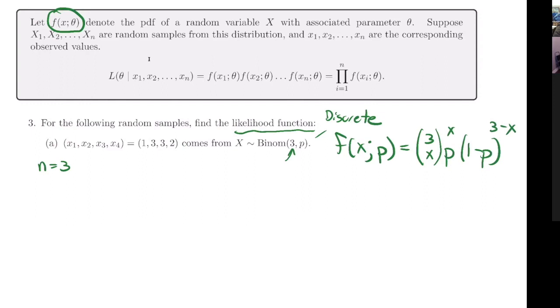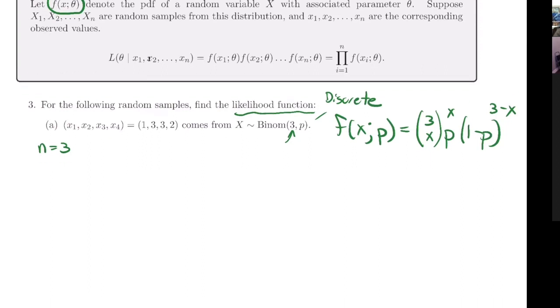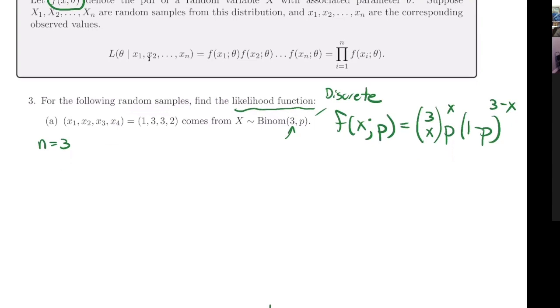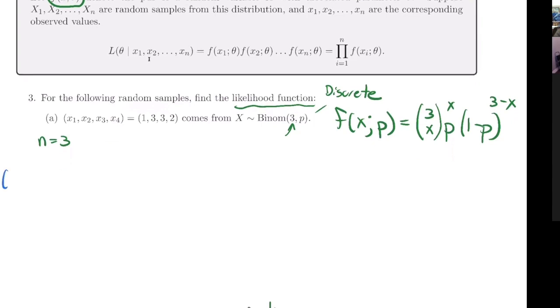But if you don't recall, here was the formula for the binomial distribution when n is equal to 3. Typically binomial distributions depend on 2 things. Here we've fixed n and we want to figure out what P is. So here our parameter is P.